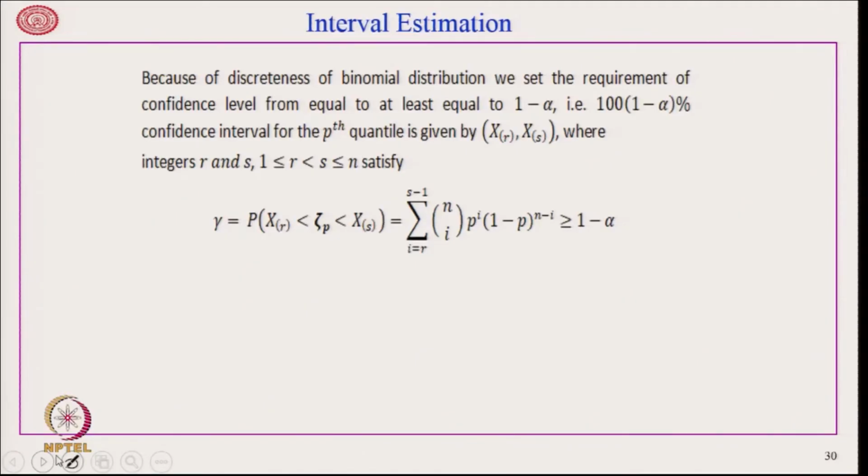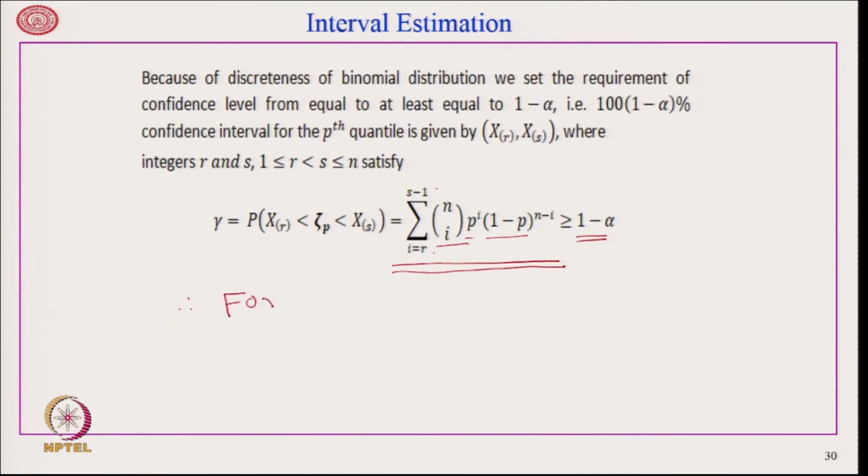Now, when we use this for interval estimation, if I want a 95% confidence level, I need an s and r such that this summation over i equal to r to s minus 1 of nCi p to the power i (1 minus p) to the power n minus i is greater than or equal to 1 minus 0.05, that is 0.95.